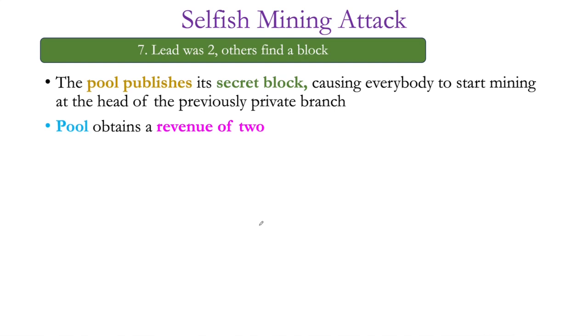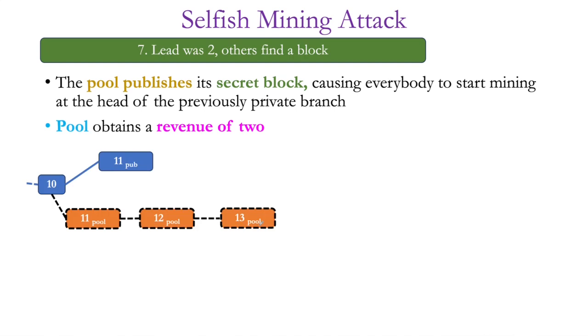Since it is longer, the pool obtains a revenue of two. Here the honest miners have published only one block, whereas the selfish miners created three different blocks privately, not published.